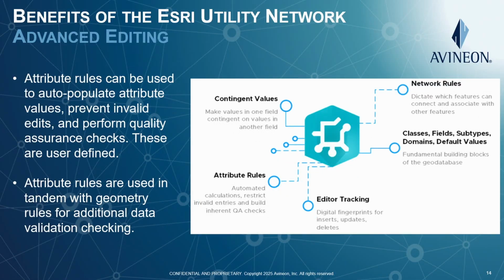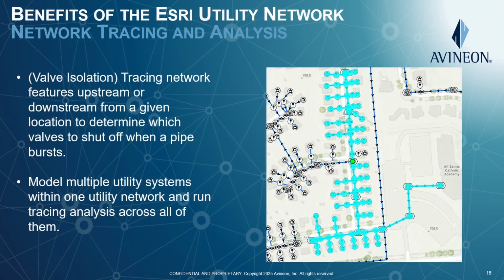One of the other big pieces are the attribute rules that can be used to auto-populate a lot of data. So that's going to prevent invalid edits. And the great thing about it is these attribute rules and editor tracking are going to come as part of the package. So you don't have to dream this stuff up, it's there for you to work with and get started with in the beginning, so you're not having to start everything from scratch.